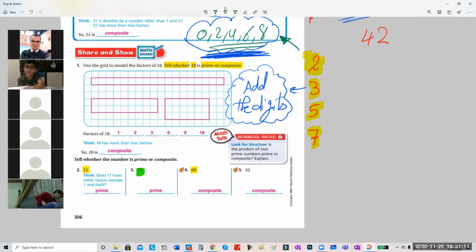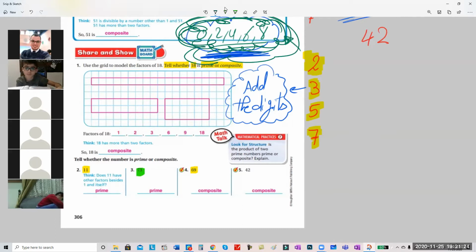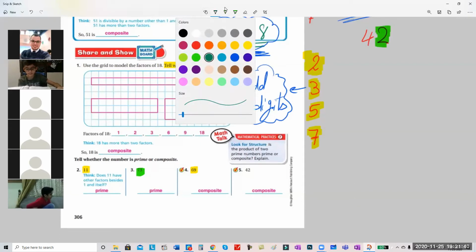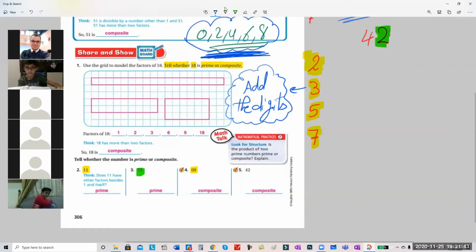So we look at 42 and we see the ones place. I'm asking about even or odd. It is even. Even, so can we divide it by 2 now?